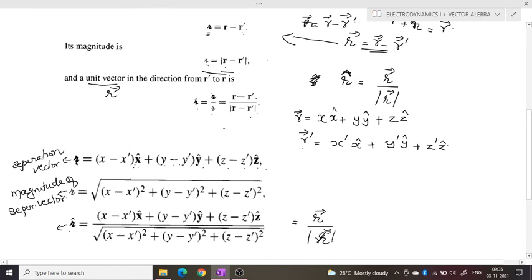So the separation vector is nothing but the separation between field point and source point, and the direction of that vector will be from source point to field point.